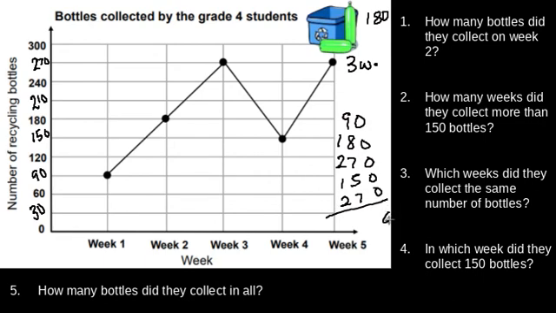This is 0. 9 plus 8, 17. 17 plus 7, 24. 24 plus 5, 29. 29 plus 7, that's 36. So you put your 6 here, take your 3 up here. 3 plus 1, 4, 5, 6, 7. 7 plus 2, 9. 960 bottles in all.